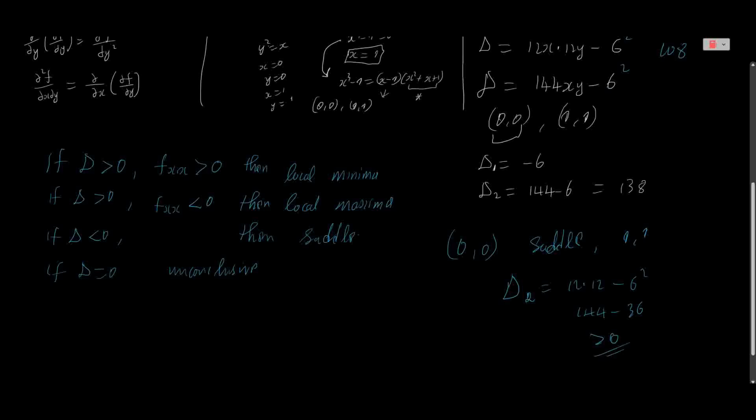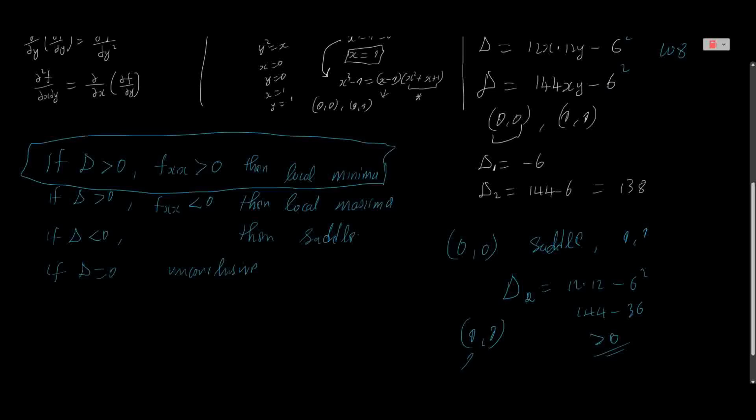You don't even need to do the calculation. Once you know it's greater than 0, we are at a minima. Therefore the point 1, 1 is our local minima, and the point 0, 0 is our saddle point. So that's the solution, and see you guys in the next video.